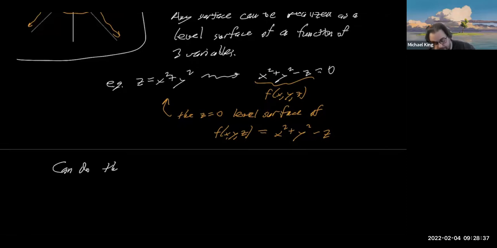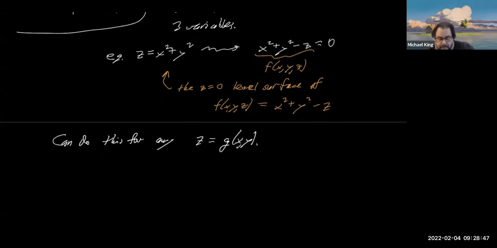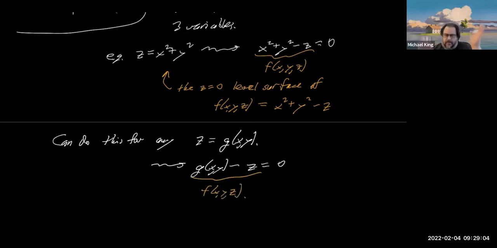We can do this for any z equals, I need a different letter now, let's say g of x comma y. We could always rewrite that as g of x comma y minus z equals 0, and then call this f of x, y, z. You might think, well, who cares? But it's going to turn out to be a useful conceit sometimes in calculus. So we'll do that sometimes.